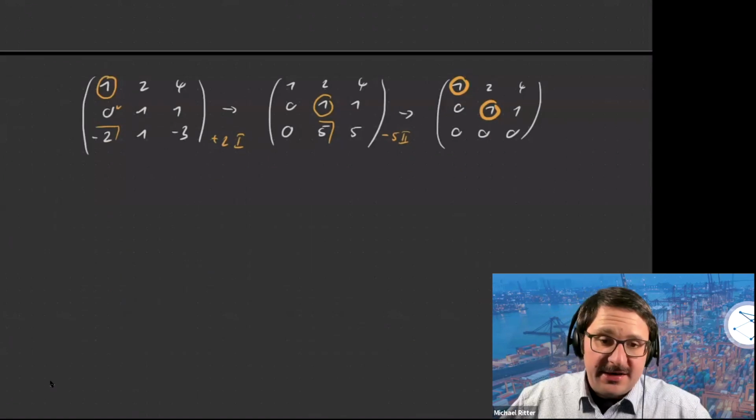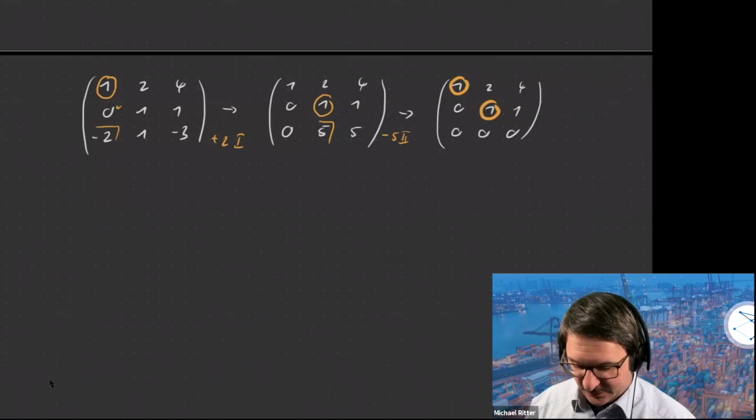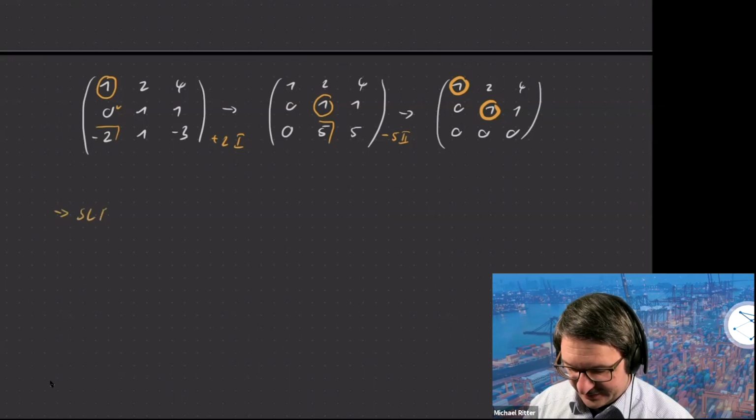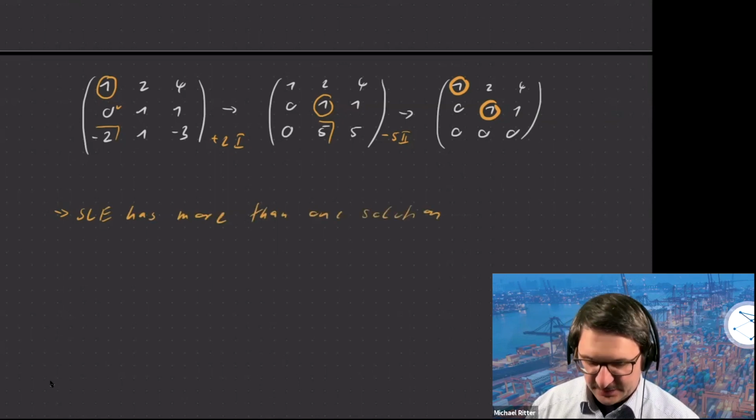And what that means is, we have 3 variables. We have 2 pivot elements, so the rank of the matrix is 2. And that means there's more than one solution. So the SLE has more than one solution. And that means 0, 0, 0 is not the only solution.